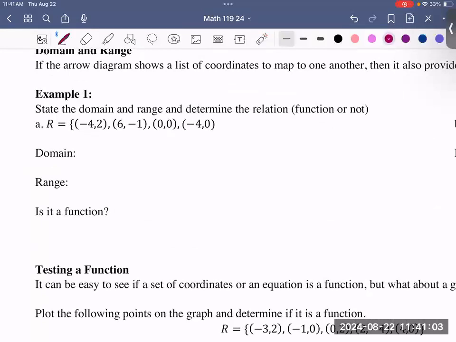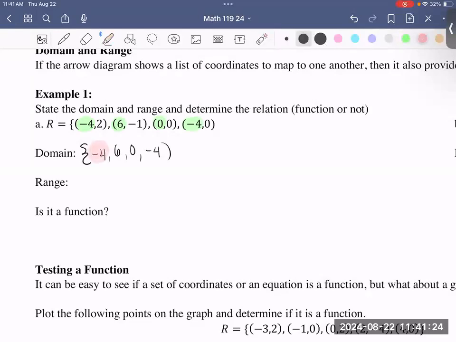Well, your domain is just your x values. So picking out all of your x values, whether you wanted to plot it or not, your domain, we have -4, 6, 0, and -4 again. So these are all of your x values. Now notice what is repeating.